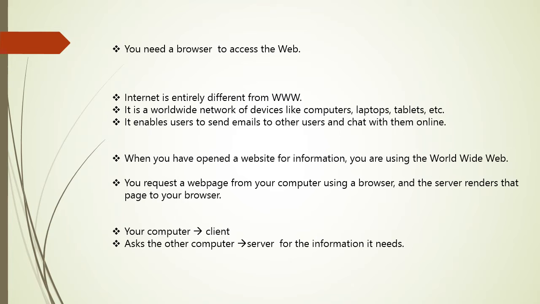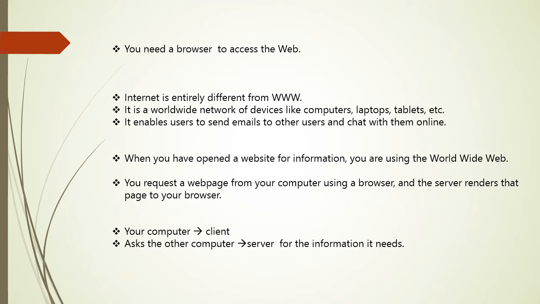Now consider what is the difference between World Wide Web and Internet. Actually, most of the people use these terms interchangeably. They think that they are the same thing, but it is not so. The internet is entirely different from www. It is a worldwide network of devices like computers, laptops, tablets, etc. It enables users to send email to other users and chat with them online.